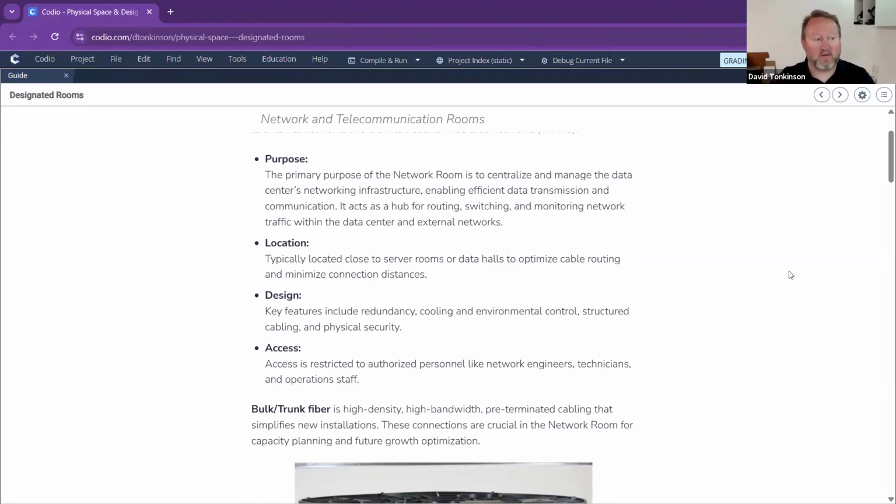We will talk about that in a minute when we talk about demarcation. They're typically located close to a server room or data hall, optimizing cable routing. That probably puts it more in the center, because you're not likely to have just one data hall. You're likely to have many data halls, so this item is normally located within close proximity of these.